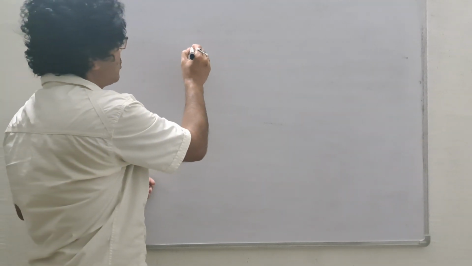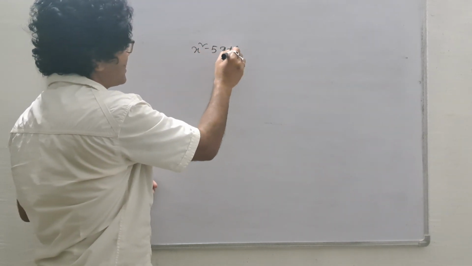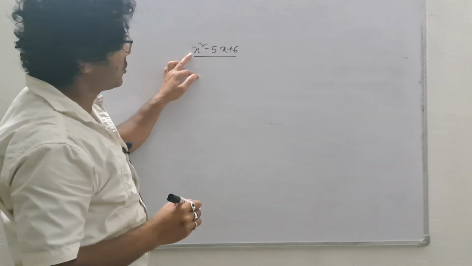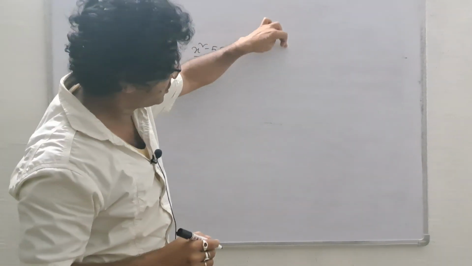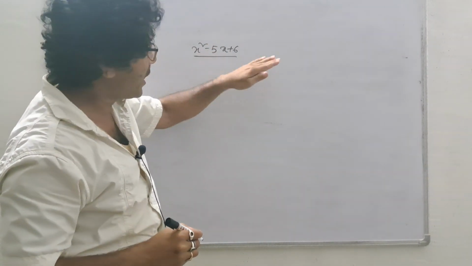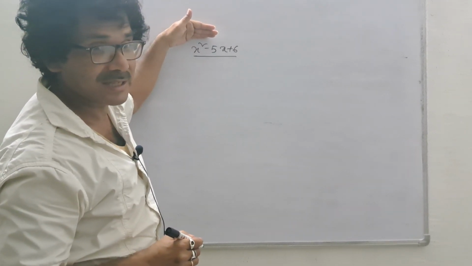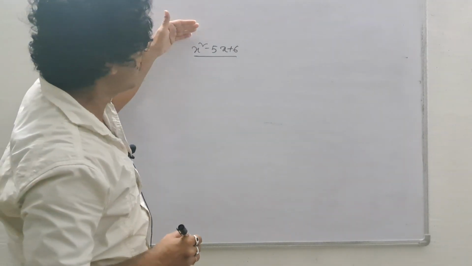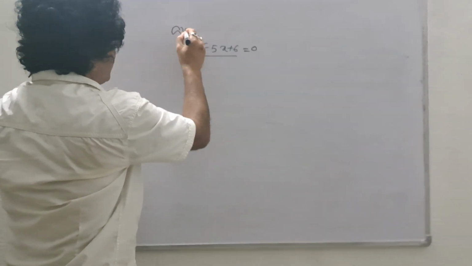We have to find the zeros of the polynomial x squared minus 5x plus 6. That is, we have to find the values of x for which this value is equal to 0. So to find the values of x, that is the zeros of the polynomial, we write this polynomial is equal to 0.